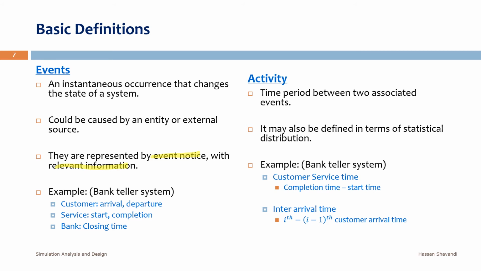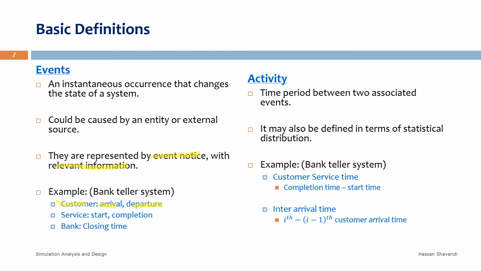For example, for the bank teller system, we have the customer as our entity, right? So the events related to the customers are arrival and departure. When a new customer arrives at the system, that's an event. We have the event of arrival. Any occurrence of this event, any arrival of a new customer, will change the system status.